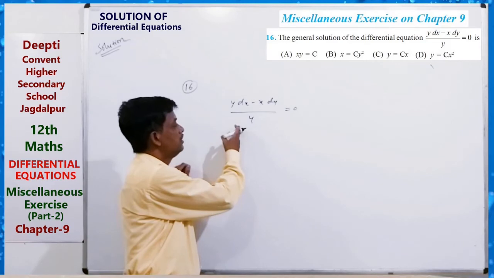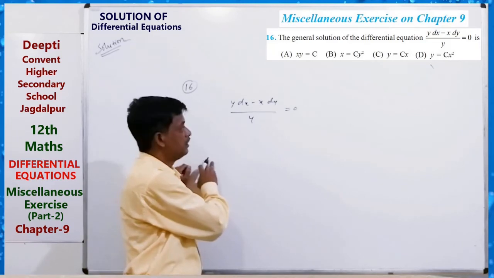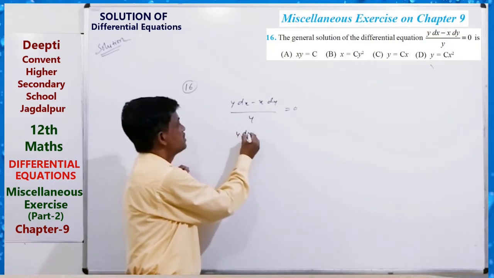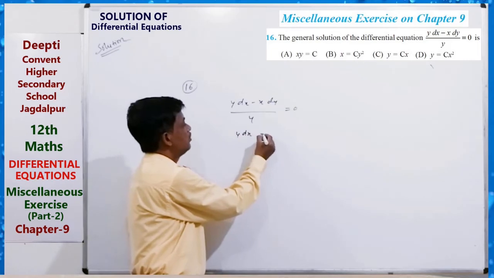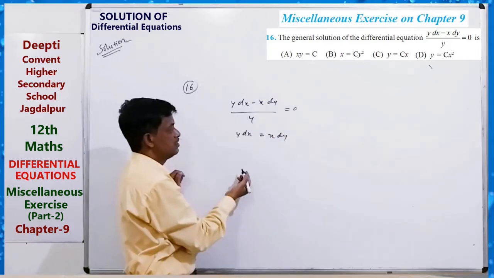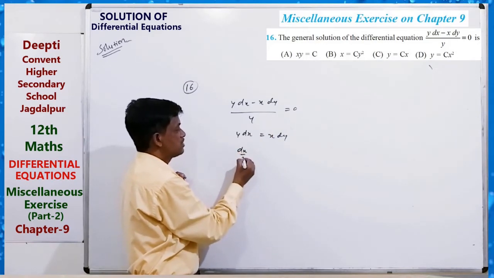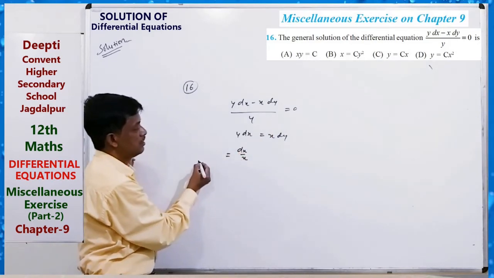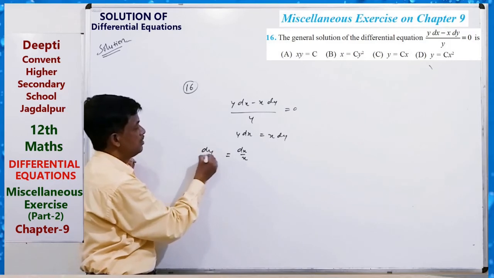We can say that y dx equals x dy, so dx by x equals dy by y.